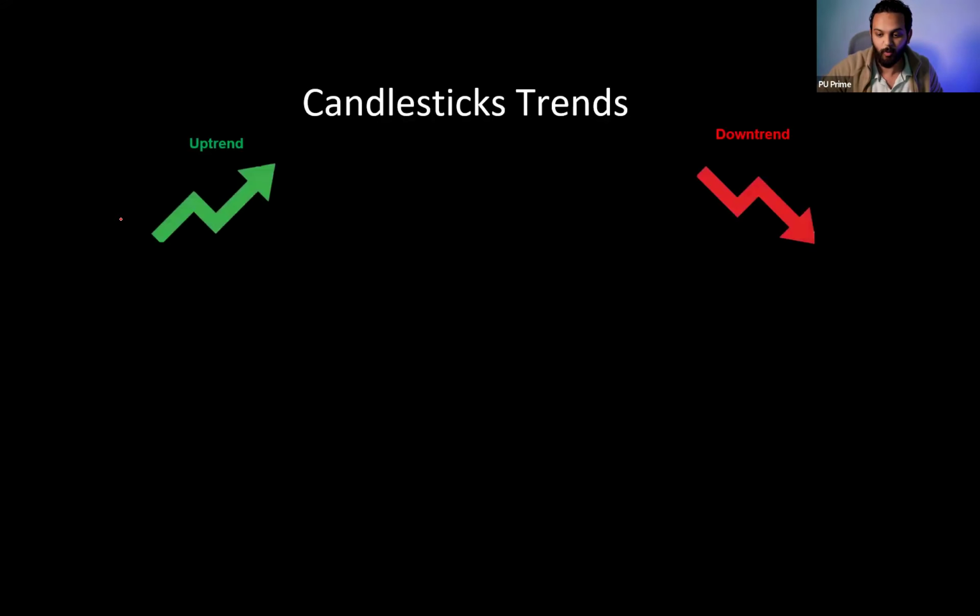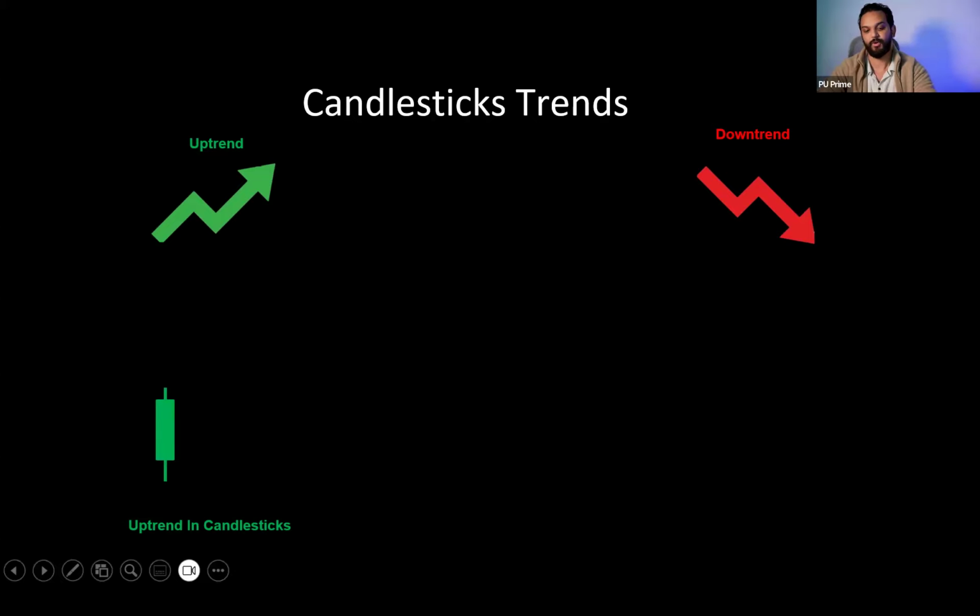So what are the trends in the candlesticks? Let's talk about the uptrend in the candlesticks. Let's assume that I have this candle, a bullish candle in front of me, and this candle has closed.